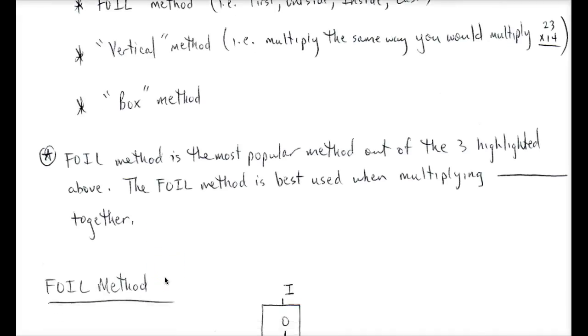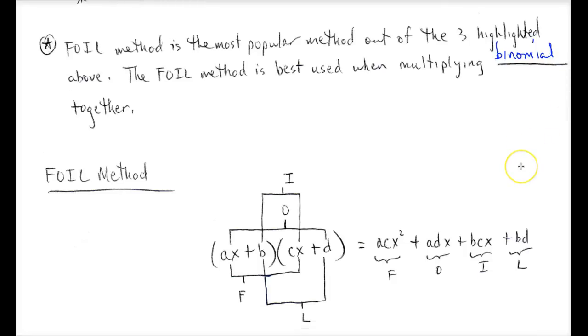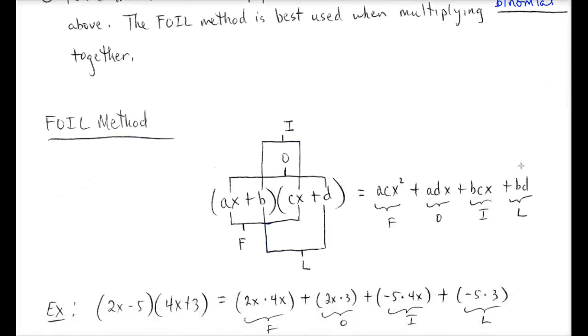So the FOIL method is the most popular method out of the three. And so like I've said before, this is best used whenever you're multiplying two binomials together. And we know that a binomial is a polynomial that has 2 terms. So the FOIL method in particular here just describes how we go about multiplying.